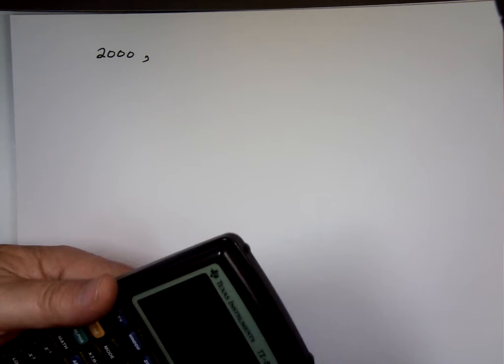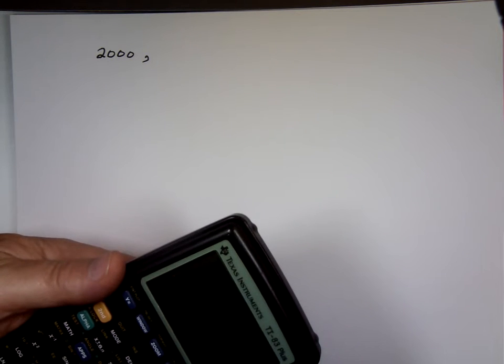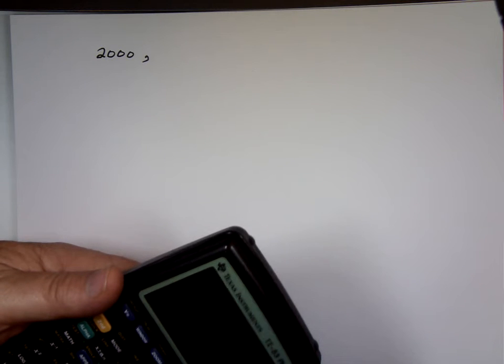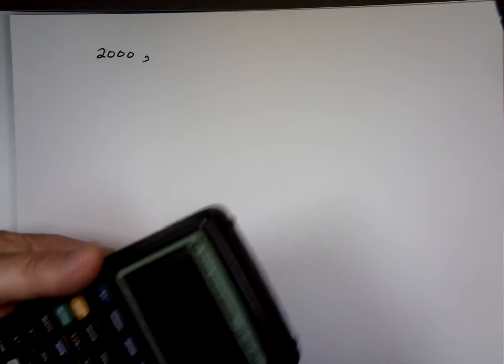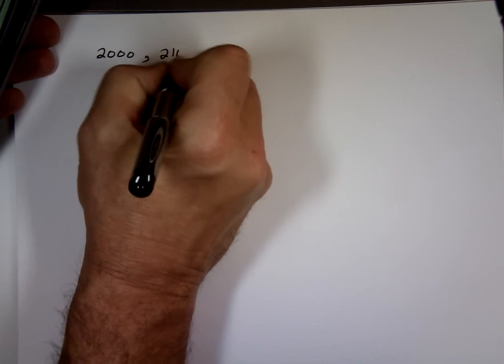5%. So 2,000 times 1.05, you got a 5%. So after 1 year, you have 2,100 because you get 5% interest.